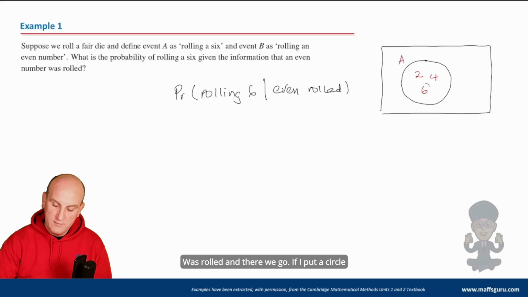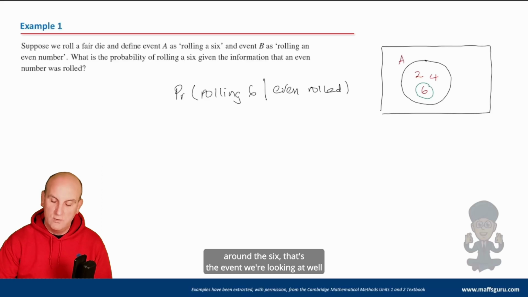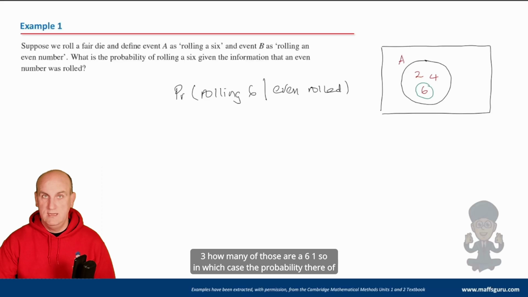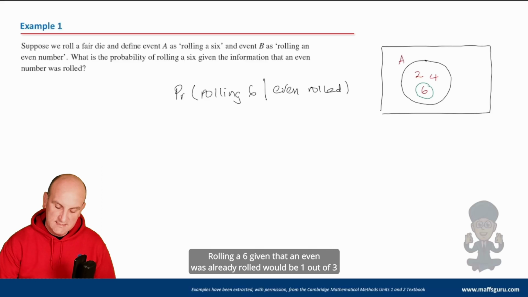If I put a circle around the 6, that's the event we're looking at. How many even numbers are there? 3. How many of those are a 6? 1. So the probability of rolling a 6, given that an even was already rolled, would be 1 out of 3.